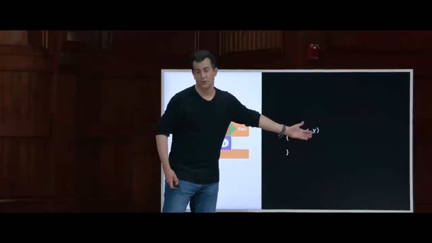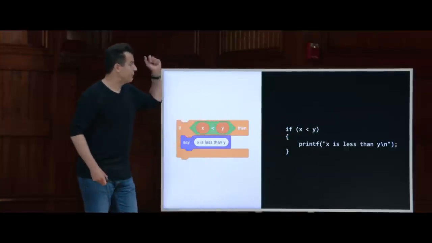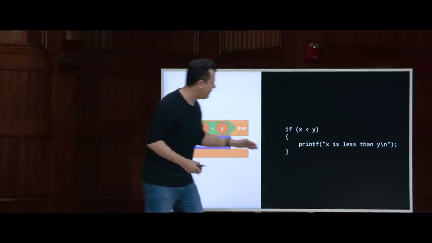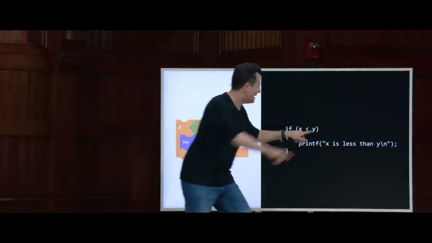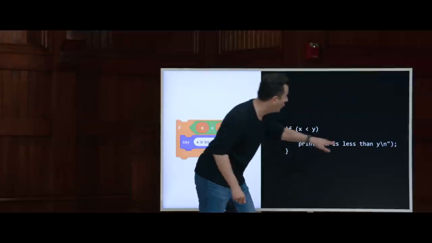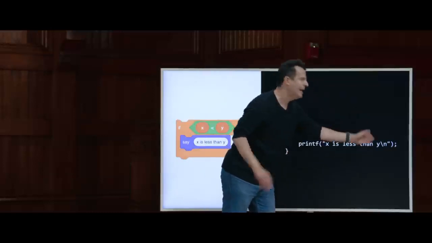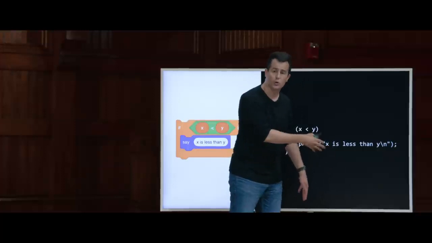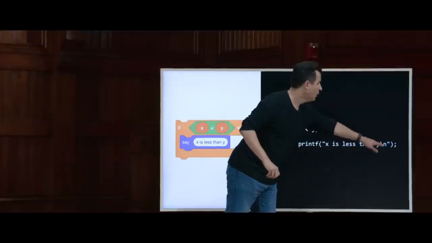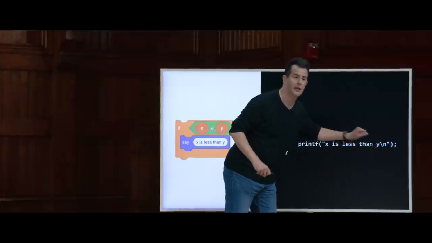Presumably, printf. So printf, quote unquote, x is less than y. So it's a bit of a mouthful, but again, notice the pattern. Name of the function is printf. In the parentheses, left and right, is the argument to printf, which is, quote unquote, x is less than y. And again, just for aesthetics, to move the cursor to the next line, which you don't have to worry about in Scratch, because everything's in speech bubbles, we're adding a \n as well.